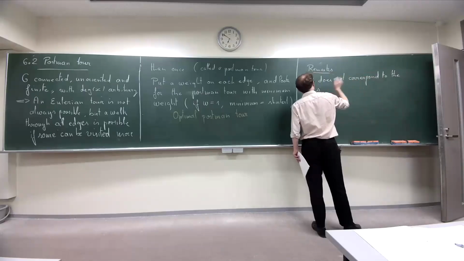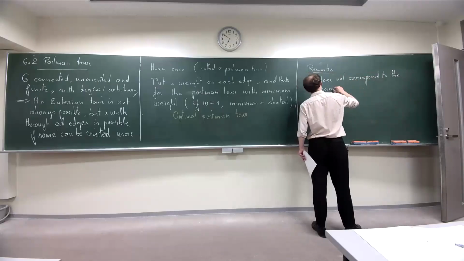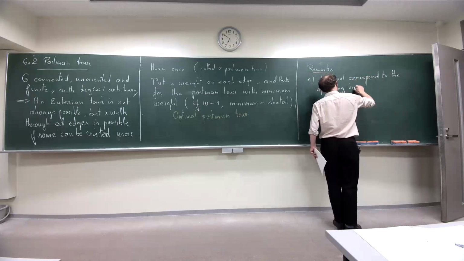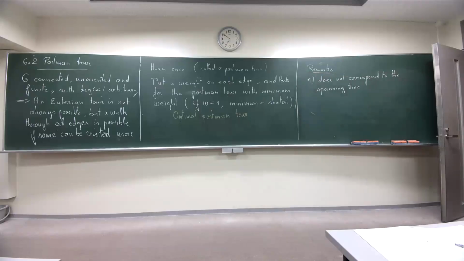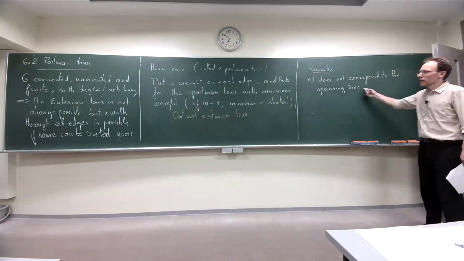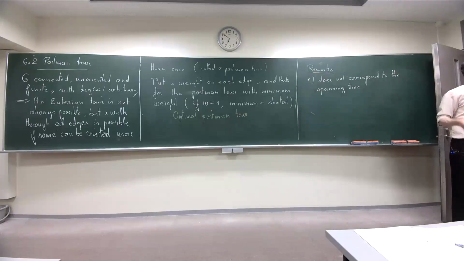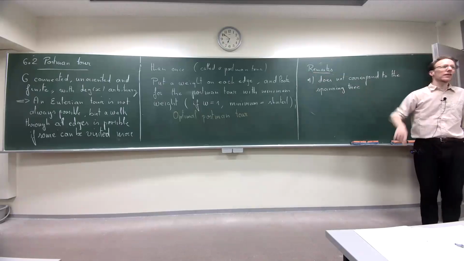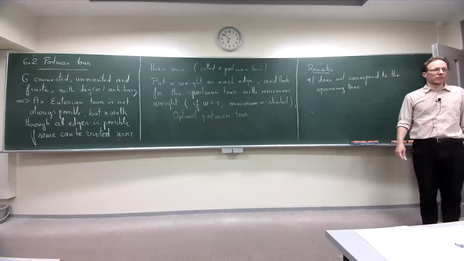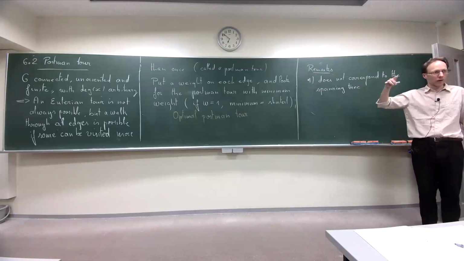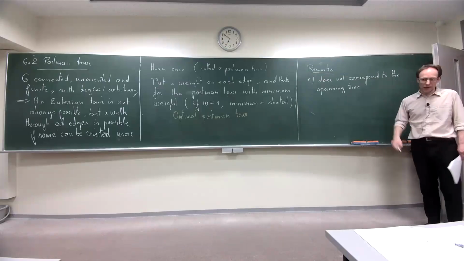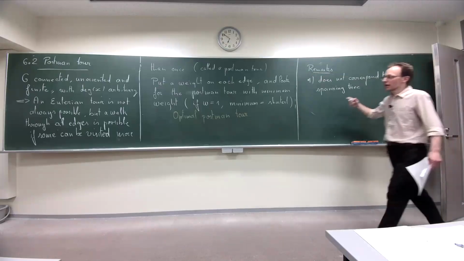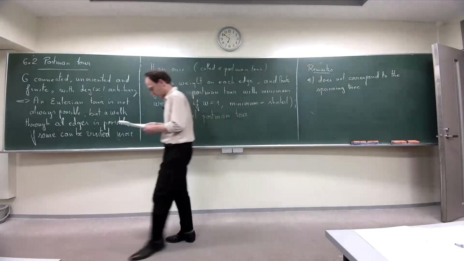You could think that it's related to the minimum spanning tree, because for spanning tree, we also look for minimum total weight, but it's not the same problem. Why? Because here you are looking for a tree, and we have seen the one solution. While here, you want to visit all edges. So it means in the tree, some edges are not represented. So this doesn't help you. This algorithm doesn't lead to any solution for this one.